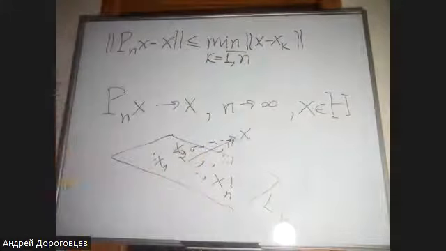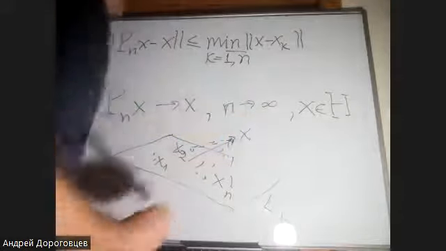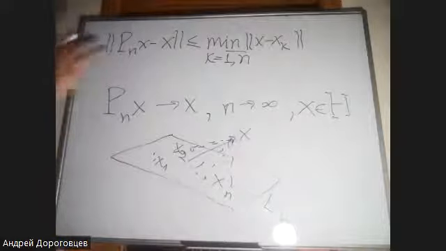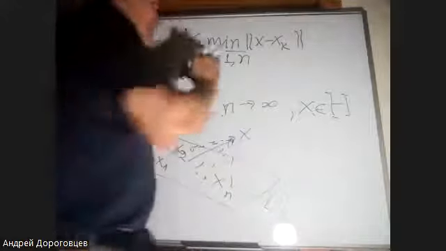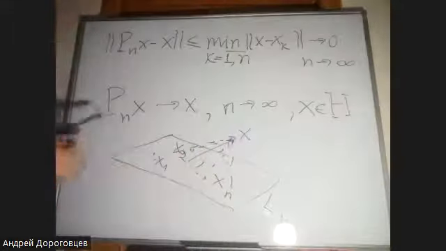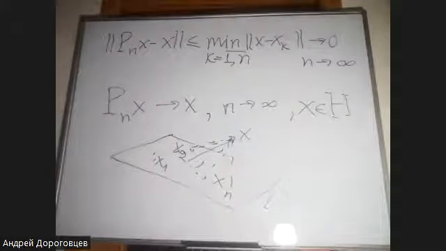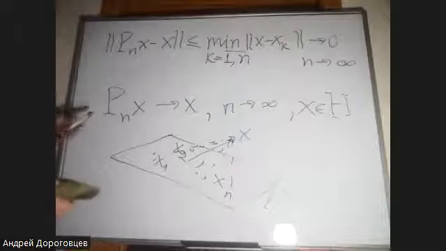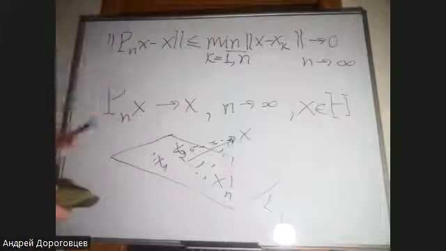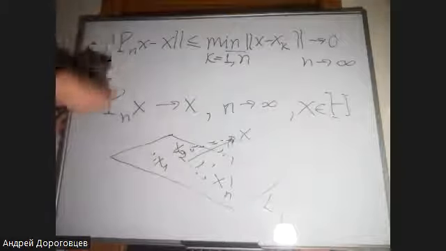And due to our hypothesis that x_k form a dense subset in H, this goes to 0 when n goes to infinity. Okay, so one can conclude that P_n x is just an approximation of every x.